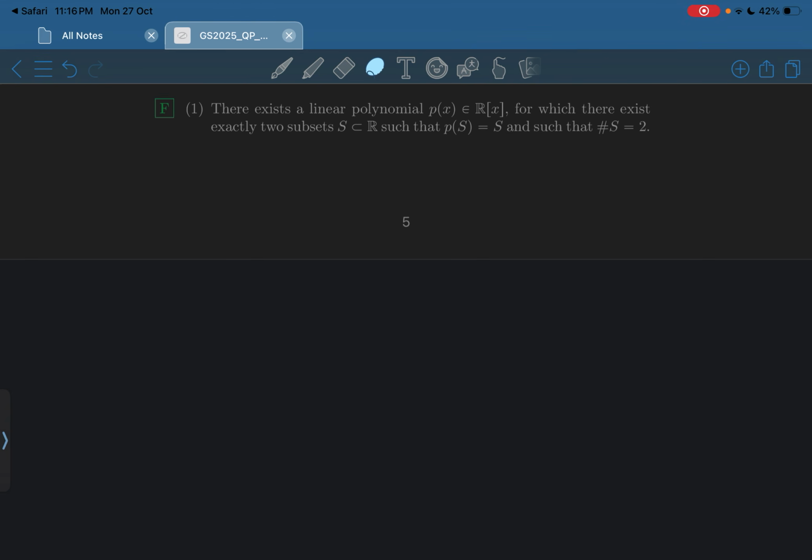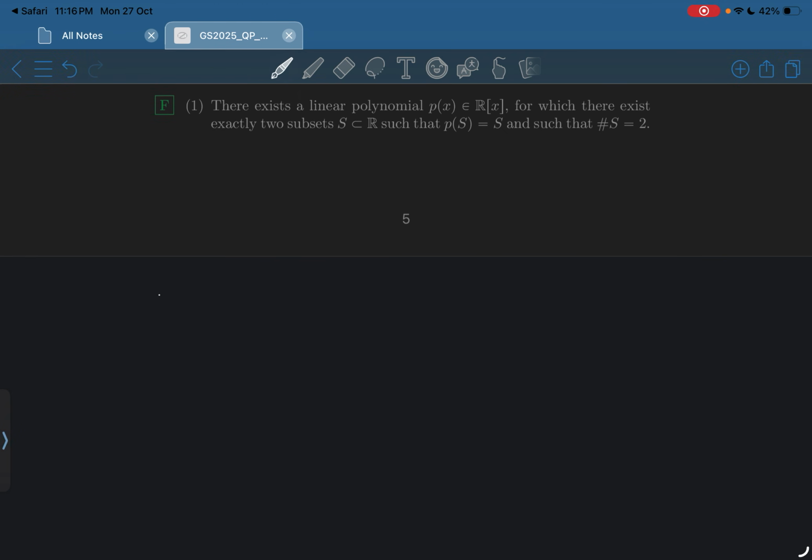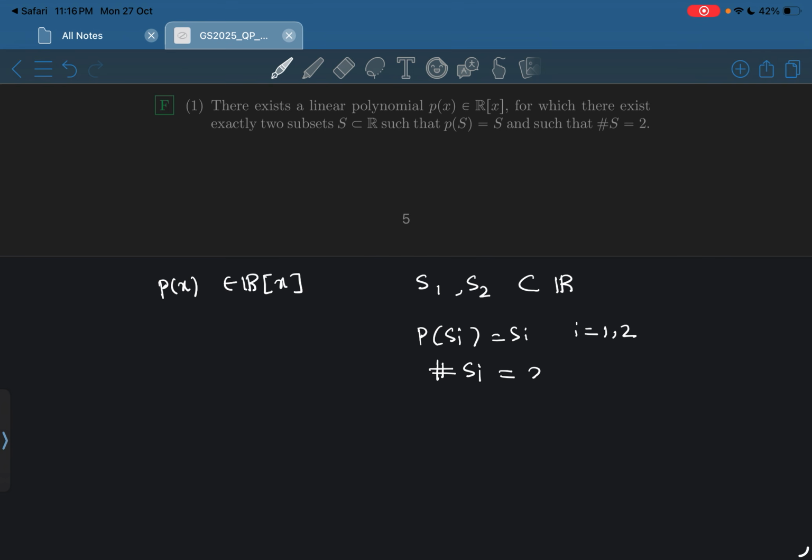So the first question, this is the question paper, and the first question is saying that there exists a linear polynomial P(x) inside R[x] for which there exist exactly two subsets S in R such that P(S) equals S, such that cardinality of S equals 2, right? So it says that P(x) is in the polynomial ring R[x], and you can find exactly two subsets S1, S2 inside the real numbers such that P(Si) equals Si for i equal to 1 and 2, and order of Si equals 2.